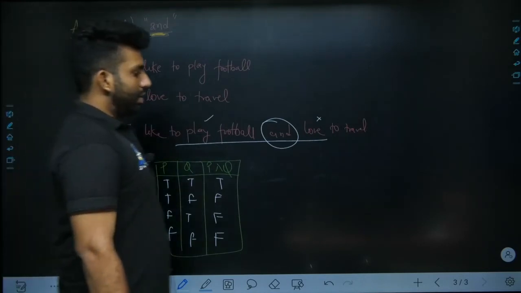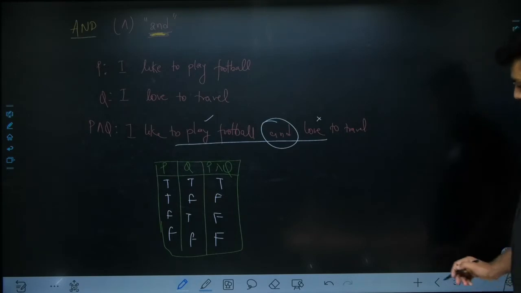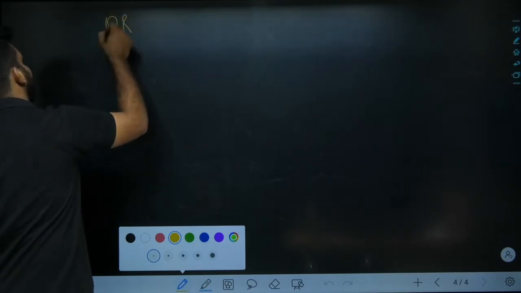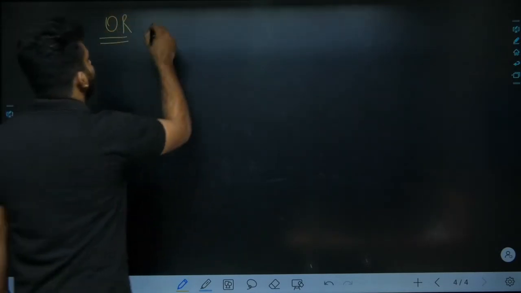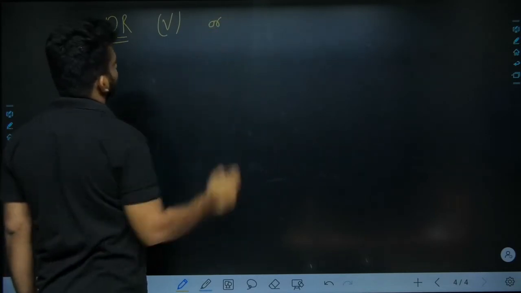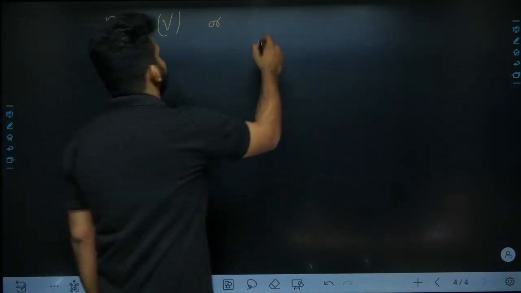Exactly in a similar way, I'll be talking about the OR, the OR logical connective. Okay, we write it like this, the notation or symbol, and in English we'll be writing like this. This is inclusive OR.